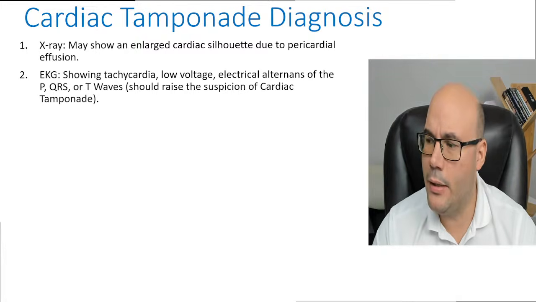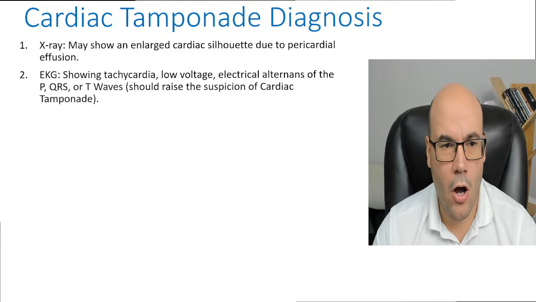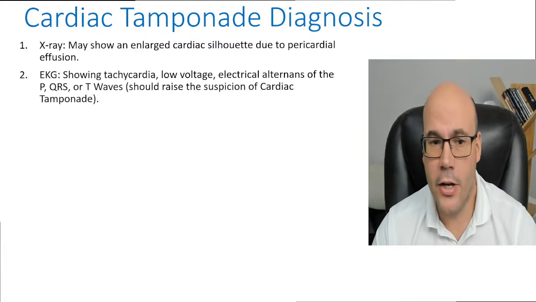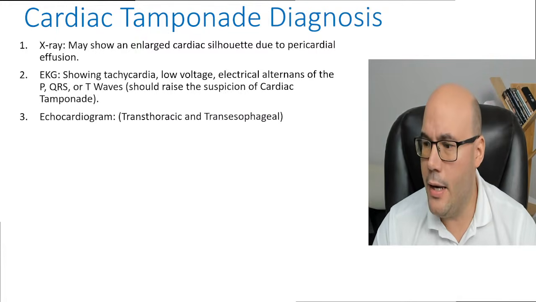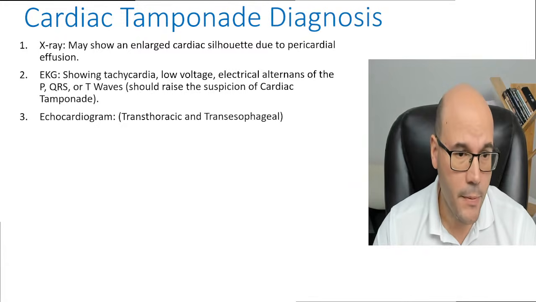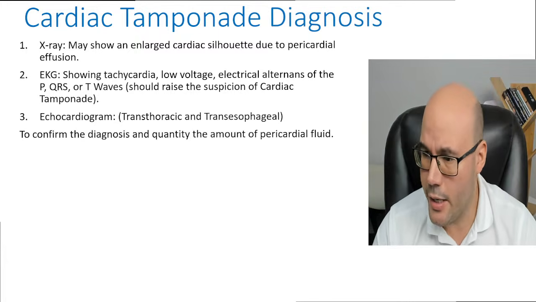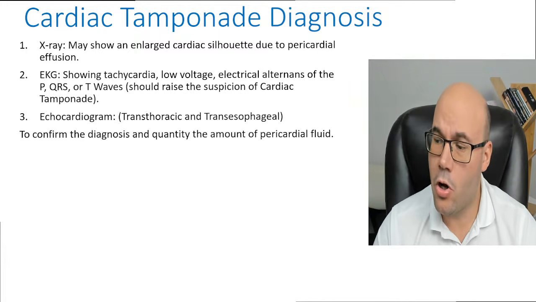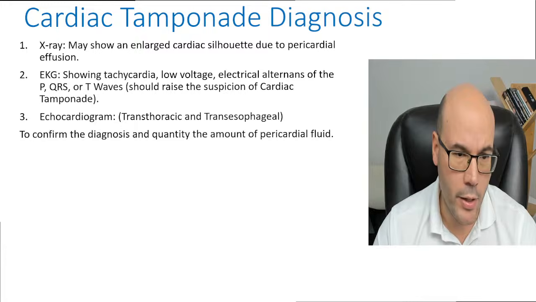I'll show you in a minute what that is. Basically, if you see this electrical alternans, you should be suspicious of cardiac tamponade. An echocardiogram, definitely either transthoracic or transesophageal, will be a good diagnostic procedure to confirm the quantity and the amount of pericardial fluid.